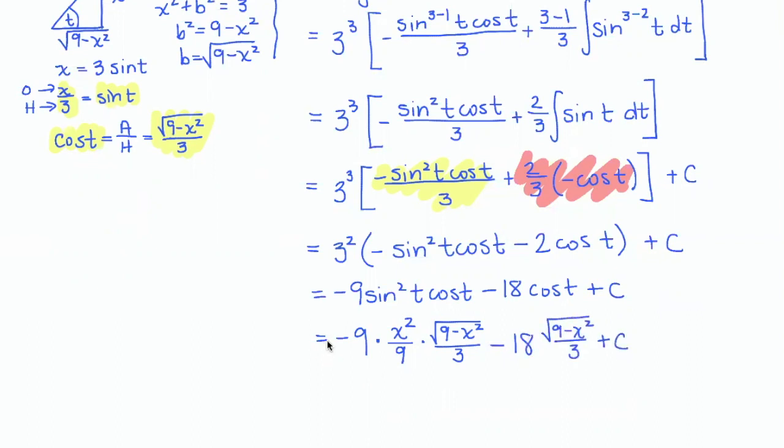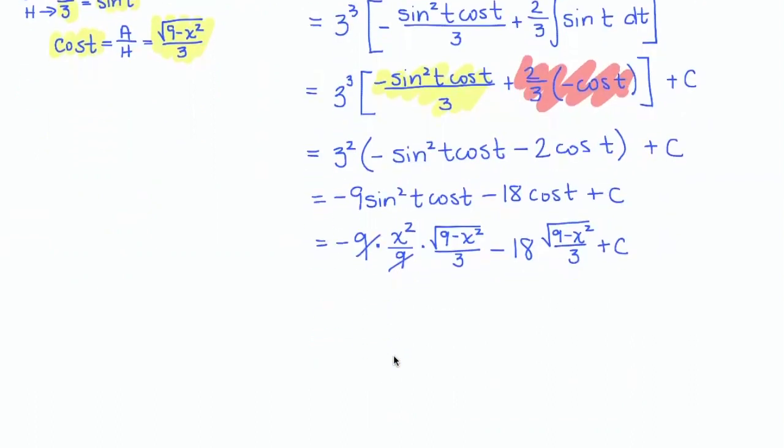And I'm just going to clean up the rest of the constants that are laying around here. So my first term becomes -x squared, square root of 9 minus x squared all over 3. I can reduce between the 3 and the 18 in my second term, becoming 6 radical 9 minus x squared plus c. We survived another one.